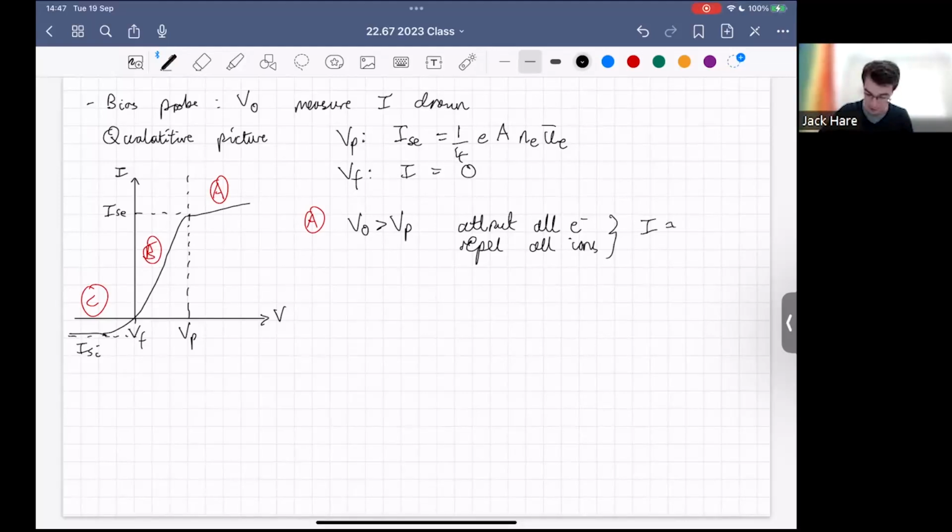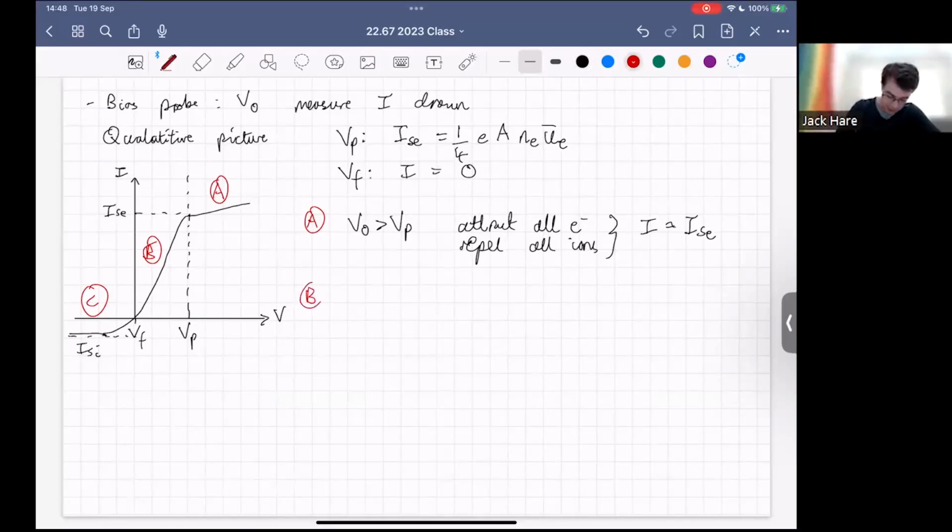So I is going to be roughly equal to the electron saturation current. Now, in general, the current actually starts to rise, and it still increases with voltage weakly for reasons that we're not really going to go into here, but it's quite difficult to get the mathematics for this correct. We don't tend to work in this regime. We don't tend to bias the probe such that we're drawing the electron saturation current, and we'll talk a bit about that later on. And so we're not going to go into too much detail about why that happens. But that's why it's that way on the curve.